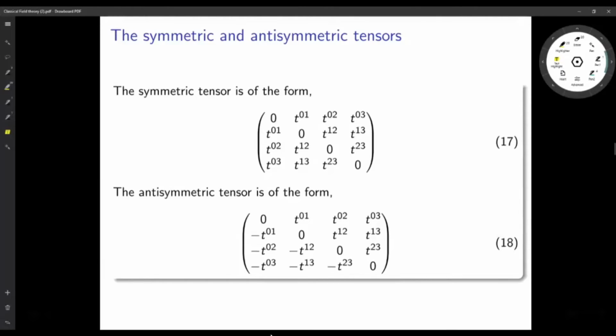So that means the tensor is symmetric, and equation 18 shows you the antisymmetric tensor, which is a different one, which essentially means T mu nu is equal to negative of T nu mu. So just take a good look at this, because we are going to construct our electromagnetic field tensor from equation 18 right there.